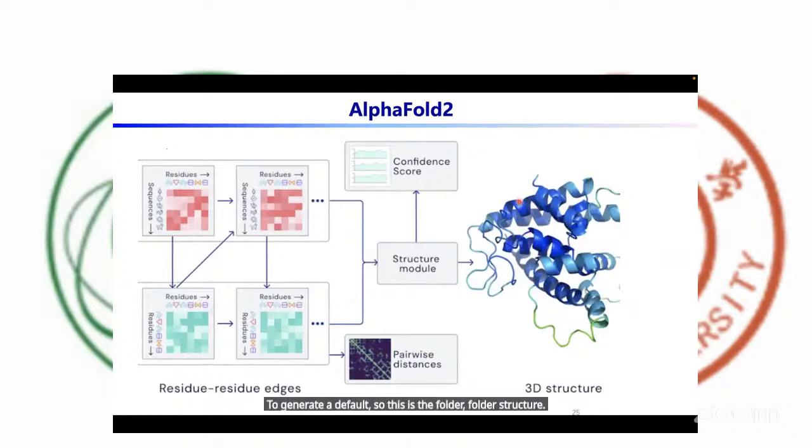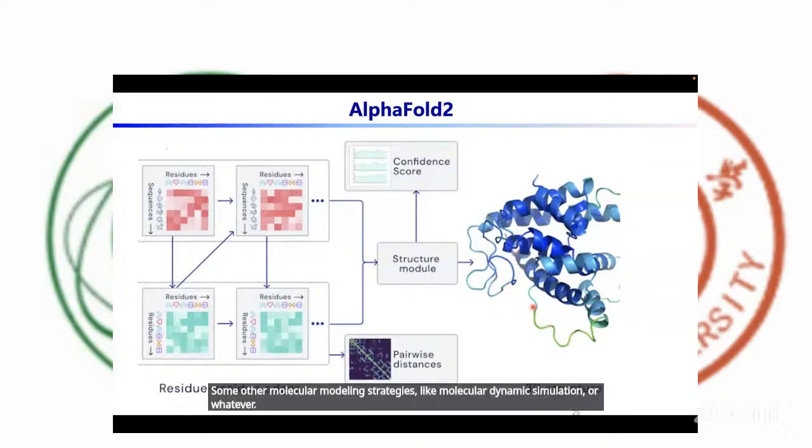And then we added the amino acid side chains, the R groups. We added the R group back, and then we employ some other molecular modeling strategies like molecular dynamics simulation or whatever to optimize the structure.